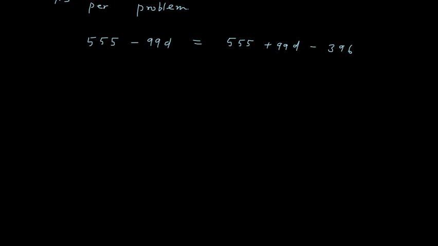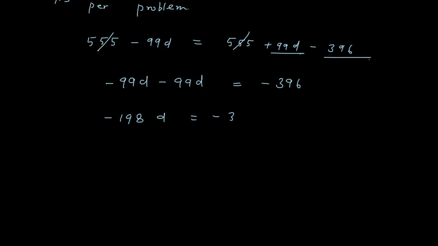So this 555 we cancel on both sides, and the 99D I bring to the left, so it is minus 99D minus 99D, and on the right side we have minus 396. So minus 198D is equal to minus 396.